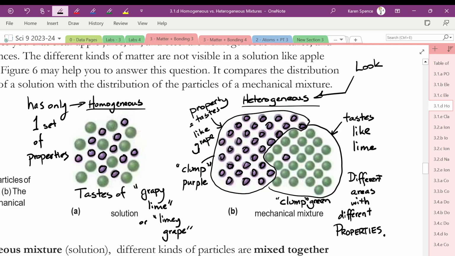So when you have a heterogeneous mixture, you're going to look for clumps, which is just areas of one type of particle, okay? Okie dokie.